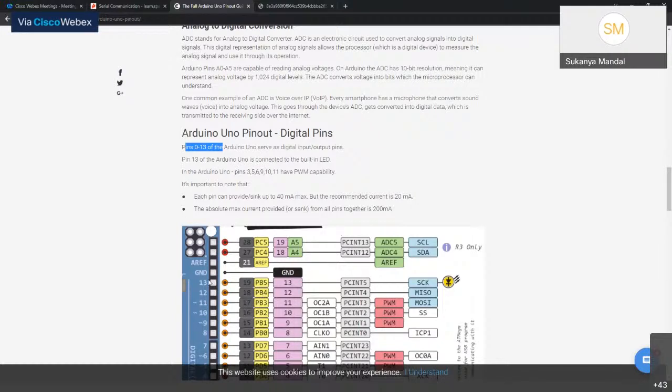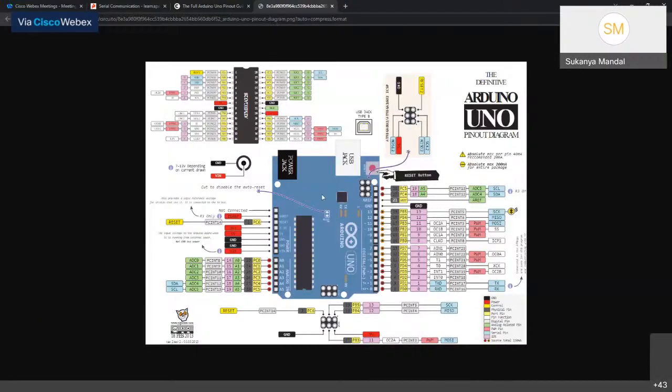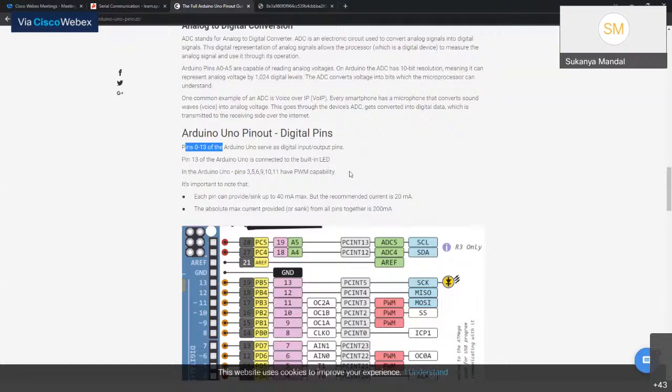Pin 13 of the Arduino Uno has a built-in LED. When you connect the receiver and the transmitter, these two blink. When you power up the Arduino, this blinks. This is also an inbuilt LED indicator within the Arduino. So pin 13 is generally connected to the built-in LED.